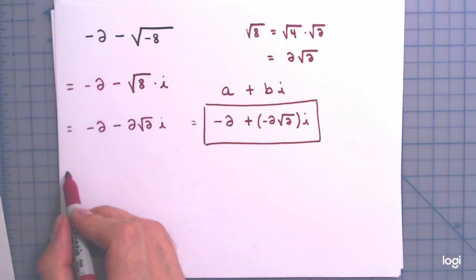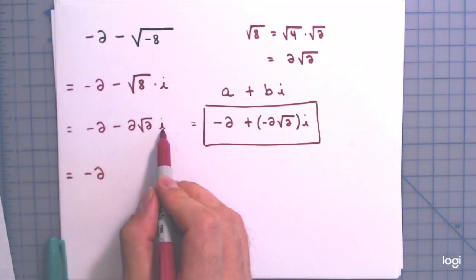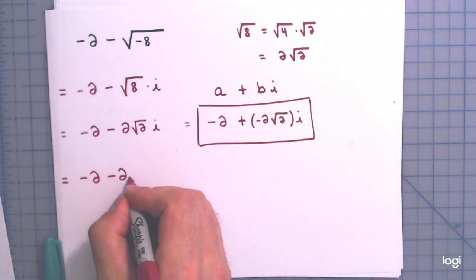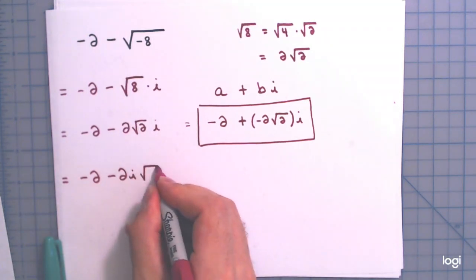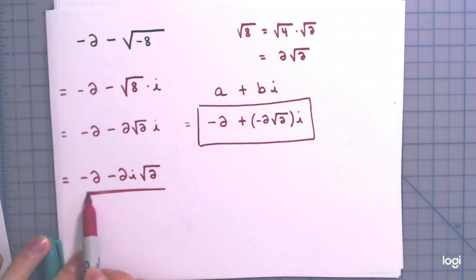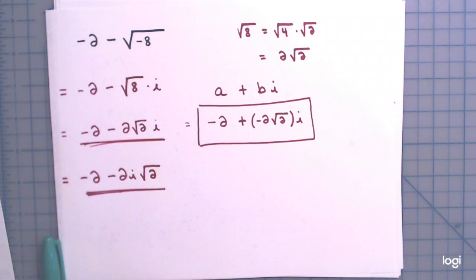Going back to here, we could also write this as -2, and then throwing this factor of I in front of the radical, -2 times I times the square root of 2.